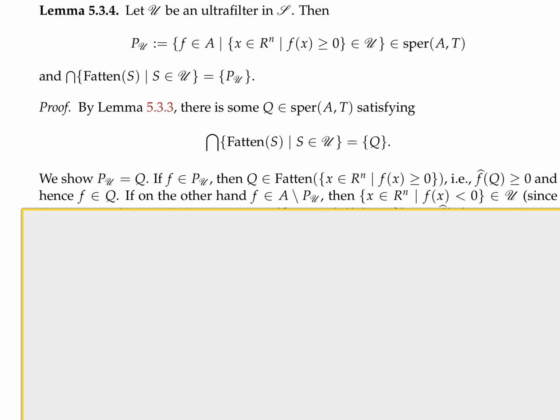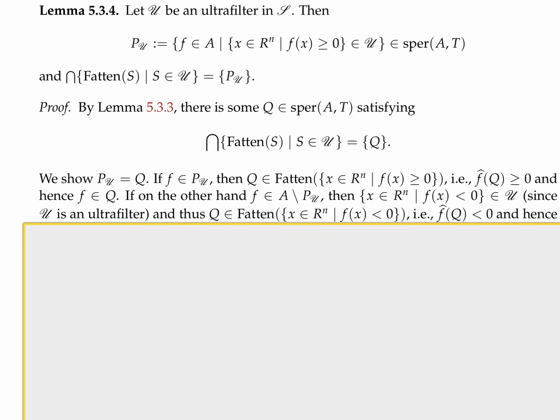On the other hand, the other inclusion I prove by contradiction, so I suppose I have an f which is in A but not in the left-hand side, and I have to show it's not in the right-hand side. So if f is not in PU, then that means that this set is not in U, but U is an ultrafilter. Here I use that U is an ultrafilter. So its complement is in U, but the complement is the set of all x in R to the n, where f of x is smaller than 0, right?